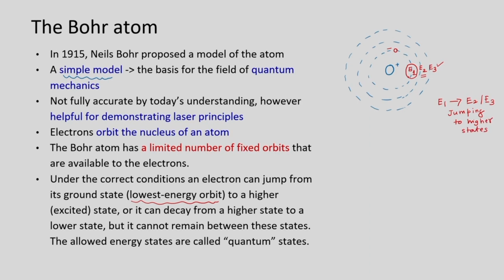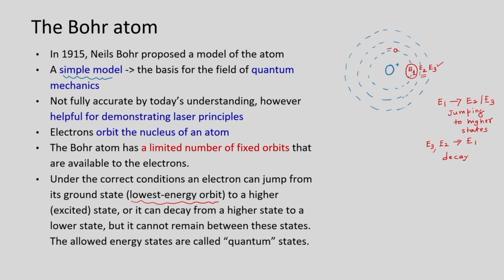or the energy can be decayed from E2 to E1 or from E3 to E2 or E1. That we call decay of the energy, but it cannot remain in between.